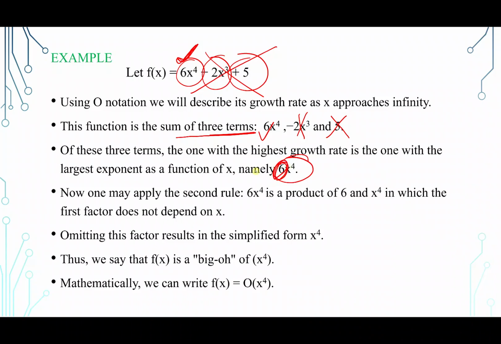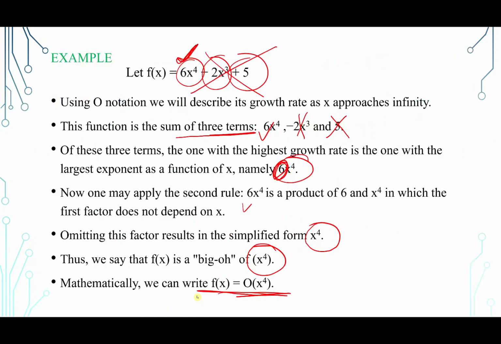So we now have only this after we omit the 6 from the 6x raised to the power 4. Now we can say f of x is big O of x raised to the power 4. So mathematically, we write f of x equals big O of x raised to the 4th power.